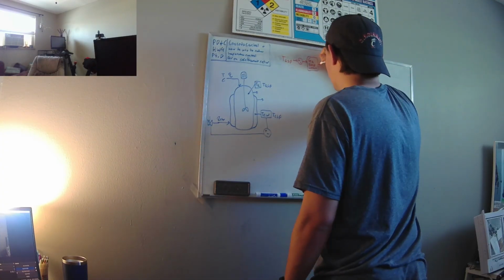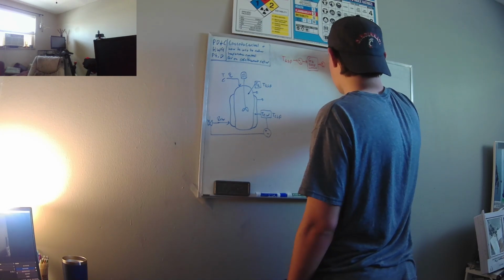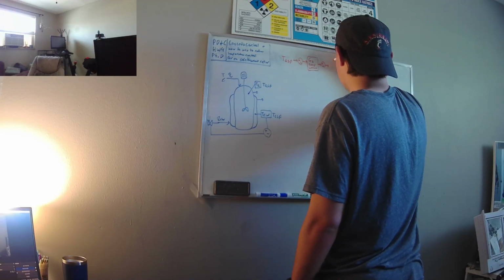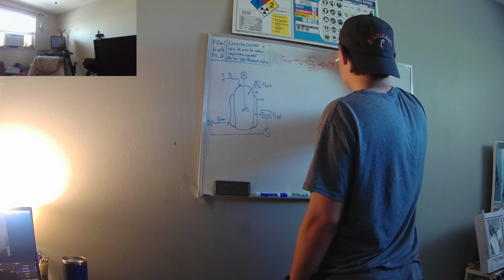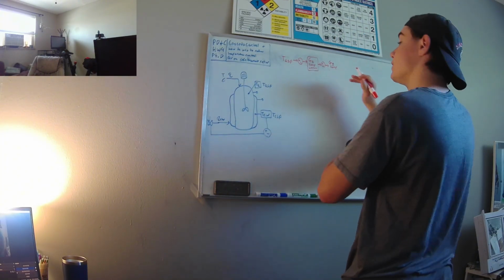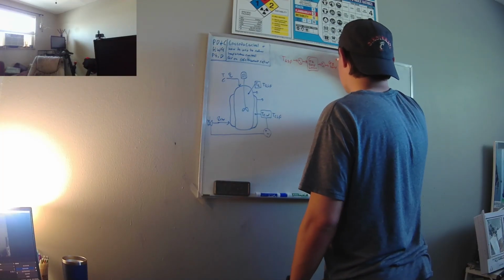Which will go to another comparator, which is going to go to our G for our jacket temperature control, which is another GC. These are both going to be GCs, so control transfer functions.